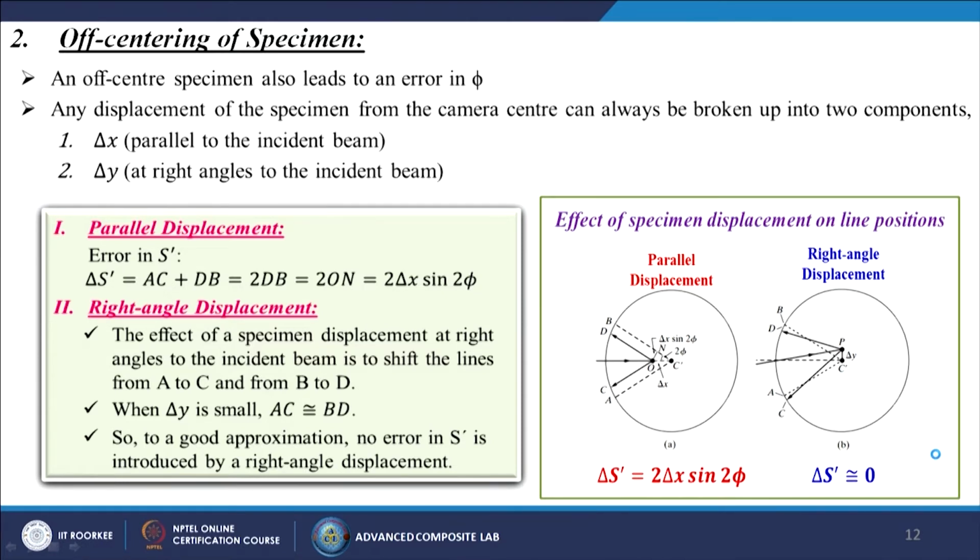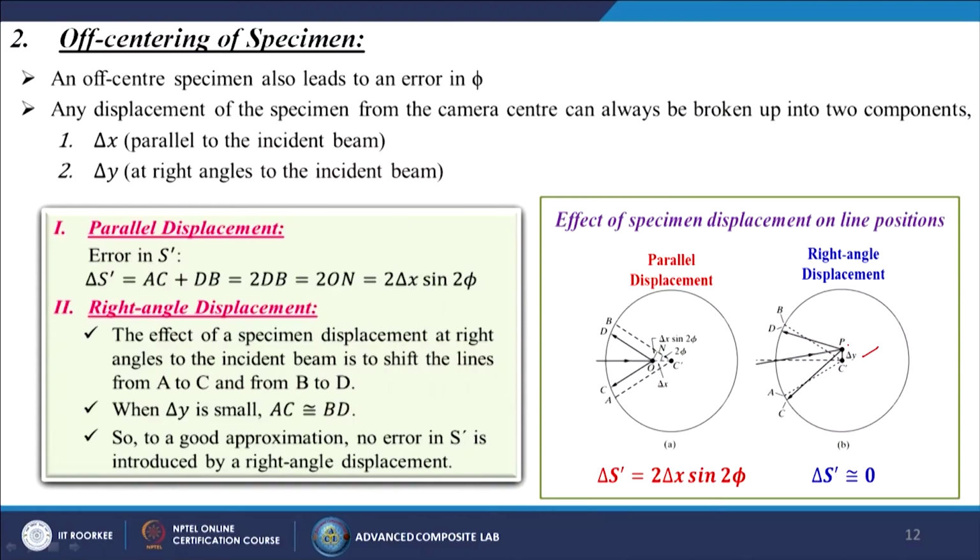In this image the sample should be at the C prime location, but now the sample is around O. So, O to C prime is known as del x. In figure B, the sample should be at the C location, but it has been vertically shifted to the P position. So, here C prime to P is known as del y.